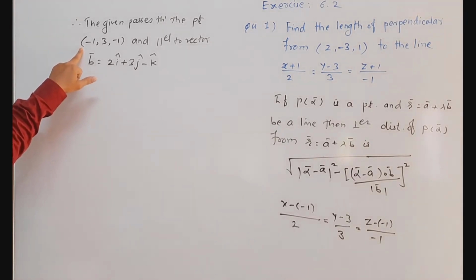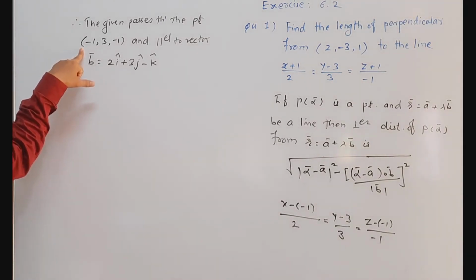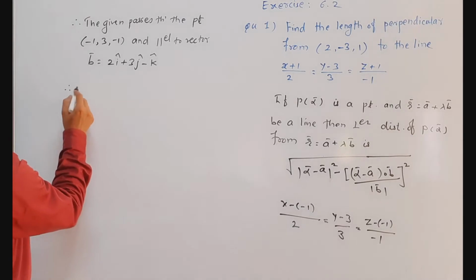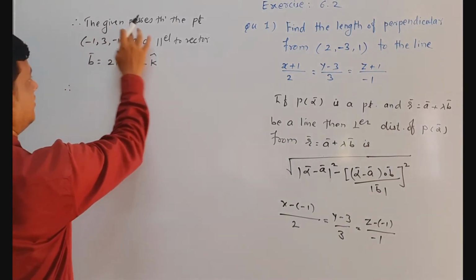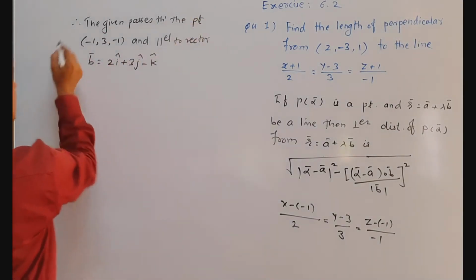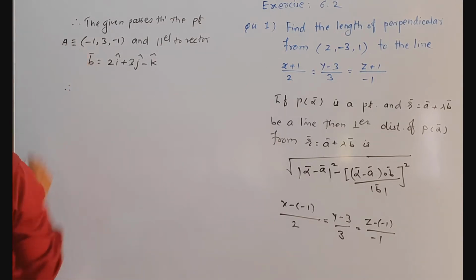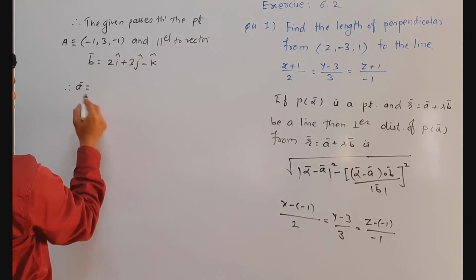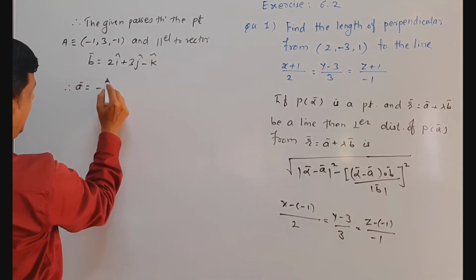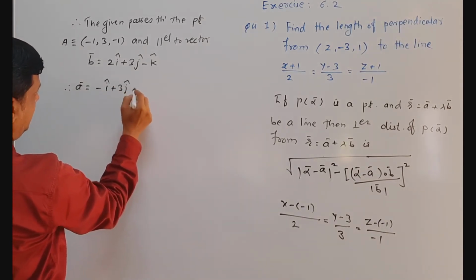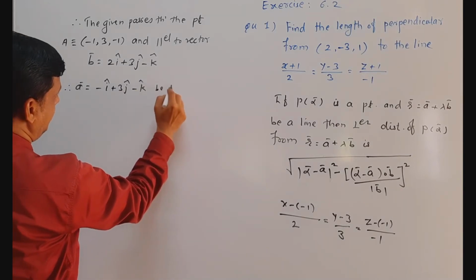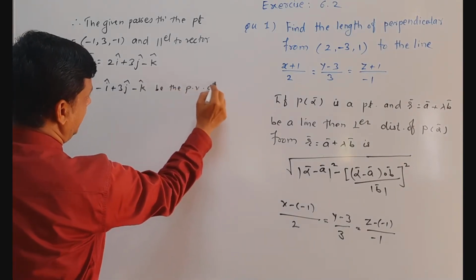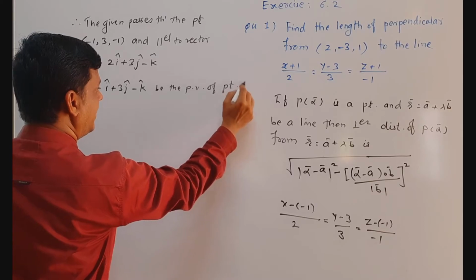From this point we can find position vector of a point. So the given line passes through the point A of minus 1, 3, minus 1, therefore a bar is equal to minus i plus 3j minus k, the position vector of point A.